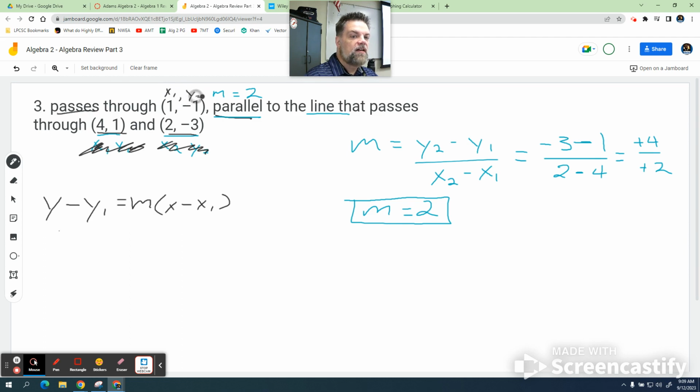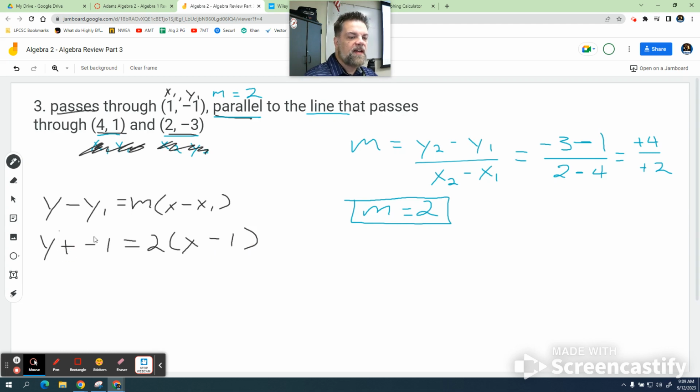Okay? So I'm going to say y minus y sub 1. What is y sub 1? -1. So we put minus 1. The slope is 2 times the quantity x minus x sub 1 of the new line, which is just 1.